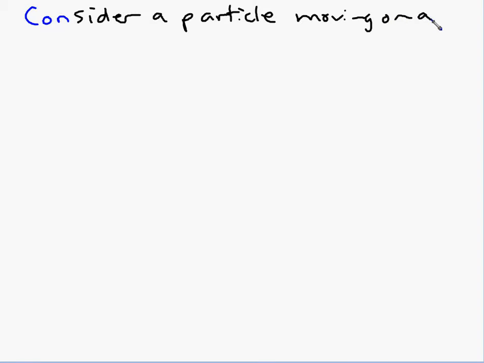But before we do that, I want to come back to our particle. Let's consider a particle moving on a horizontal plane. Remember, we did a lot of those problems in the fall, working with velocity.